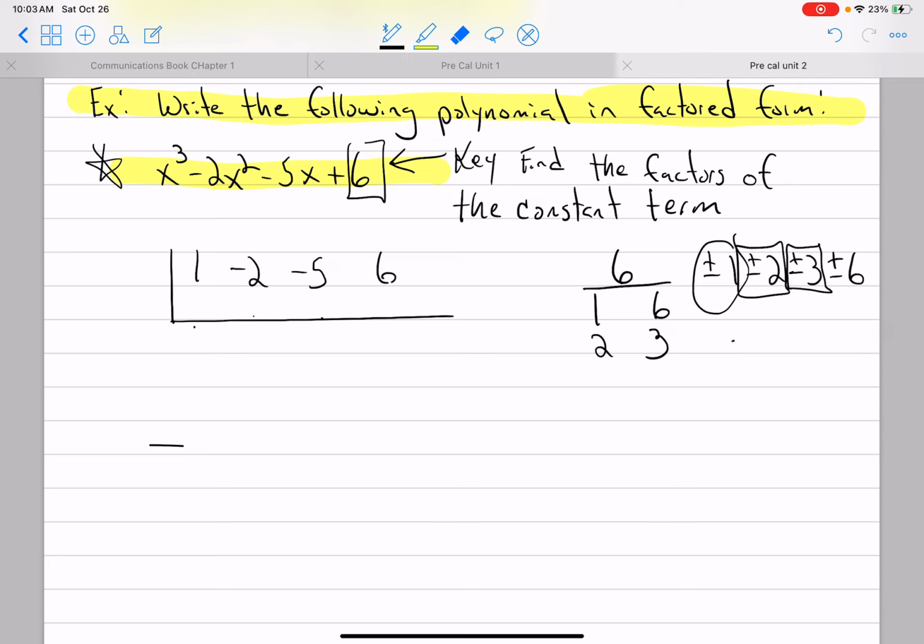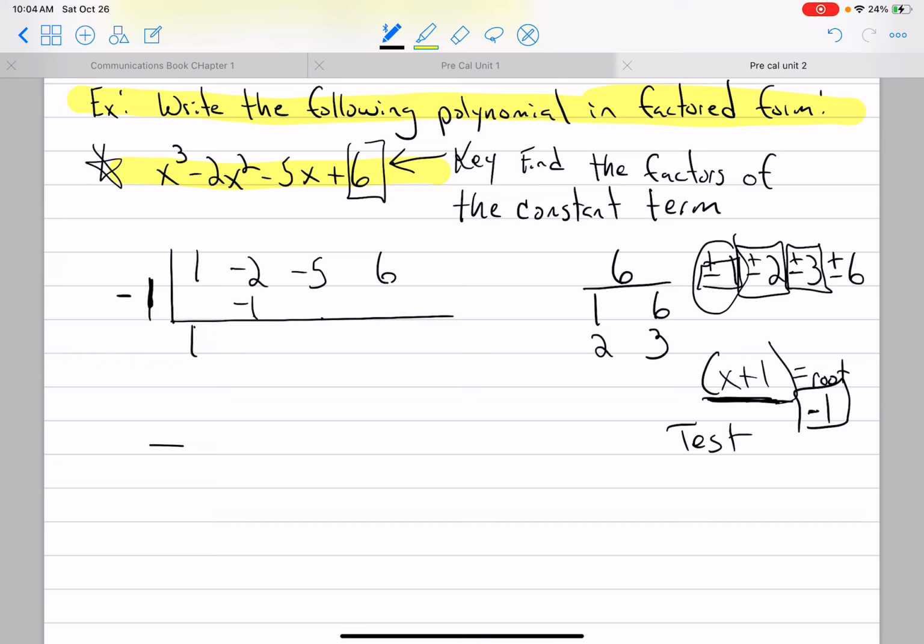Let's pretend that we started with, I don't know, negative 1 as my root, right? So if we were going to start off with negative 1, that means my factor would have been x plus 1. So let's say we wanted to test, does the factor x plus 1 work? Now we already know it doesn't, but let's see what would have happened. So let's do negative 1, because the root would have been negative 1. All right, so let's test it.